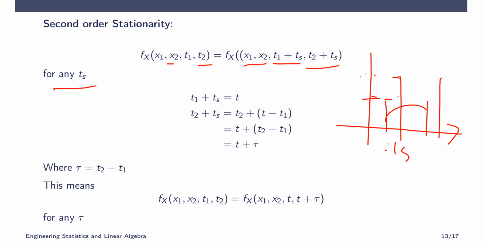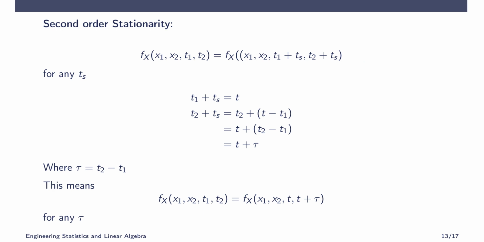Both at t1 as well as at t2, that should repeat. If this happens, then it is called a second order stationary process.